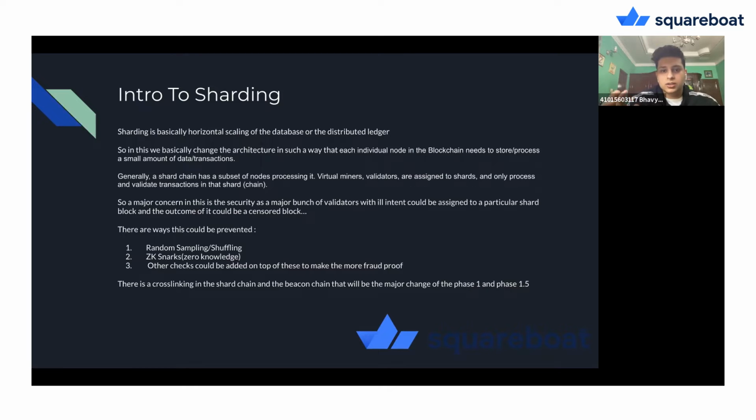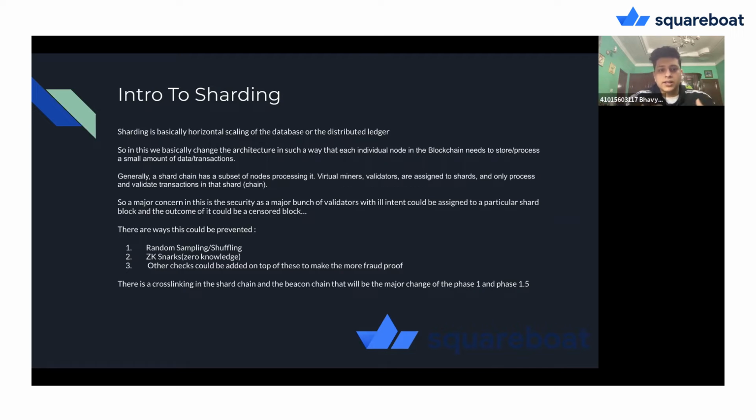Rather than those 10,000 validators running their validations on a particular block, and thinking about what the other 9,999 would have provided as proof, which is senseless, because in that way you would be dependent on others validating the block correctly. So rather than each validator running transactions on that particular block, we shard it into small blocks.